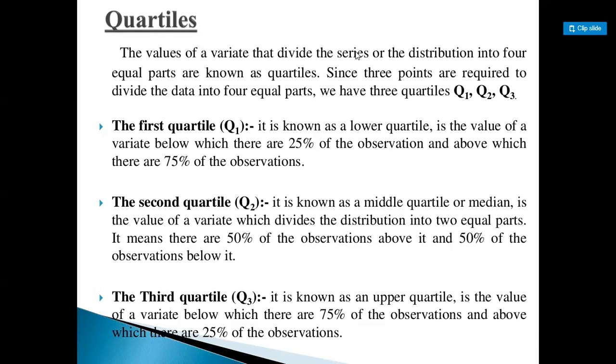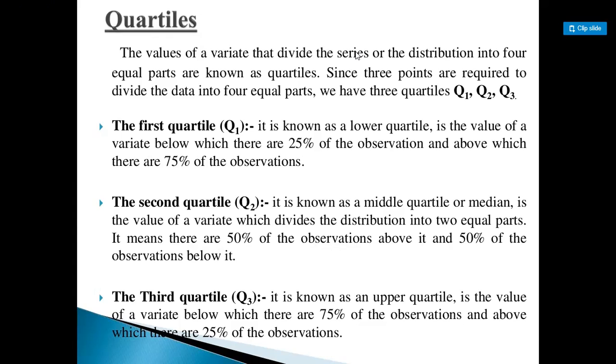It is known as the lower quartile, the value of the variable below which there is 25% of the observations and above which there are 75% of the observations. So Q1 divides the distribution in such a way that 1/4 of the total items fall below it and 3/4 fall above it.